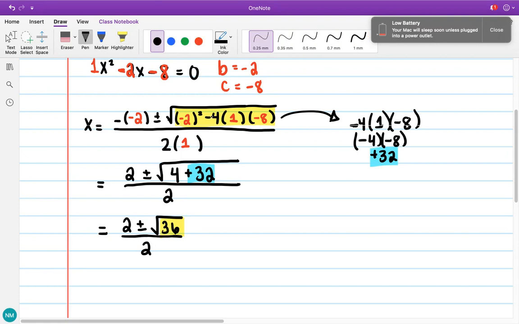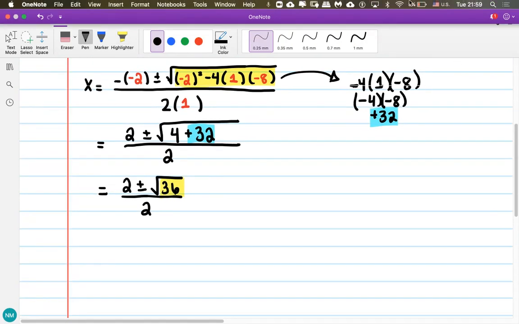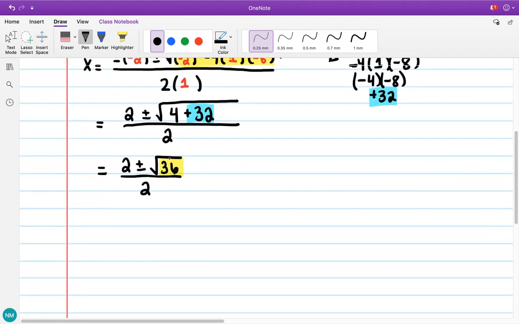So now we have, let's close this and hope my laptop doesn't die. The square root of 36 is super easy because 36 is a perfect square, meaning that it gives you an integer back. So we have 2 plus or minus the square root of 36, which is 6 all over 2.